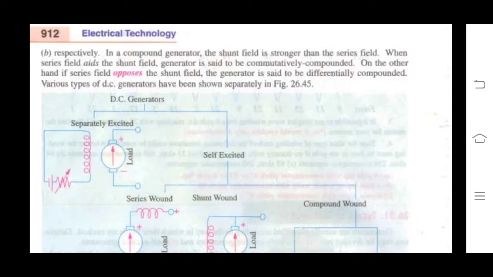So in the last class we completed the different types of DC generators. In these different types of DC generator, separately excited and self-excited machines are completed.